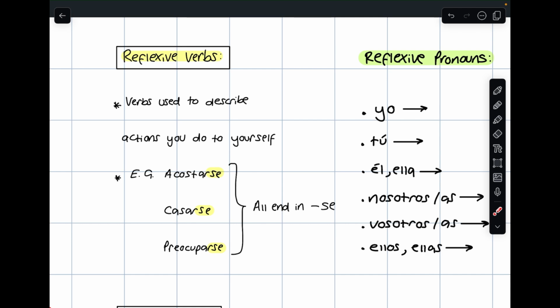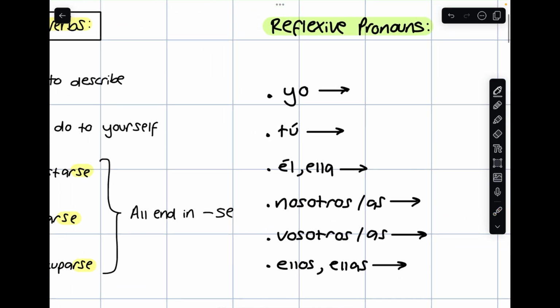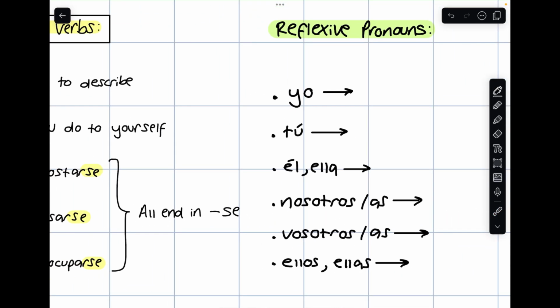Now, to conjugate a reflexive verb, it's very simple and very easy to do. The first step is to remove the se. We then conjugate our verb as normal by removing the AR, ER or IR and then adding our new ending depending on the tense. However, the slight difference is we need a reflexive pronoun in front. Now, each subject pronoun has its equivalent reflexive pronoun.